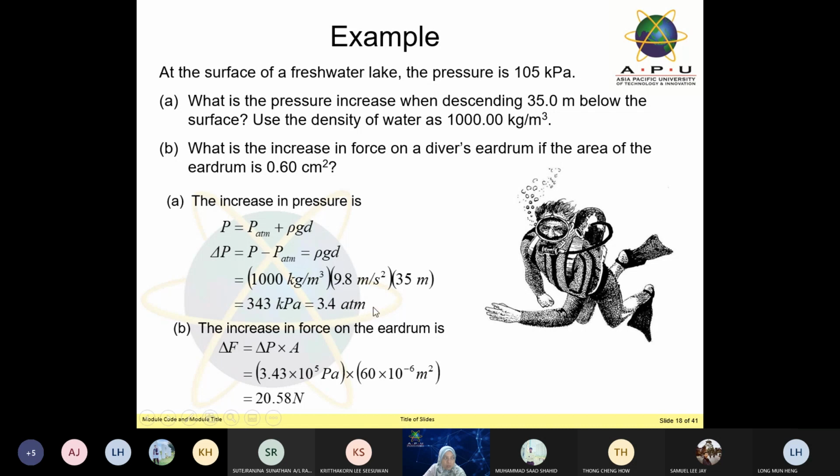Even though this one is wrong, for example you calculate and get 4 point something, then you use this back here, even though the value is wrong, you still have the working marks, provided the working is correct. Only the substitution is wrong, right? So for example, here there are 3 marks, but because the last one is wrong, you will get 2 marks.